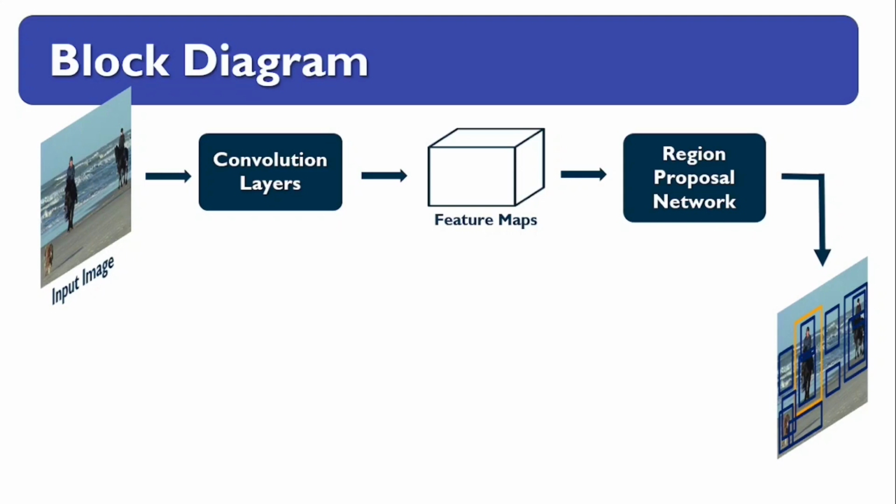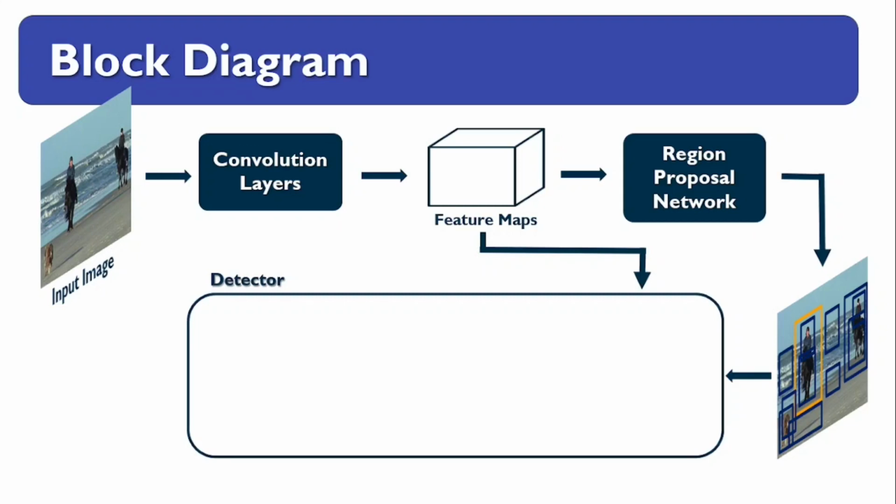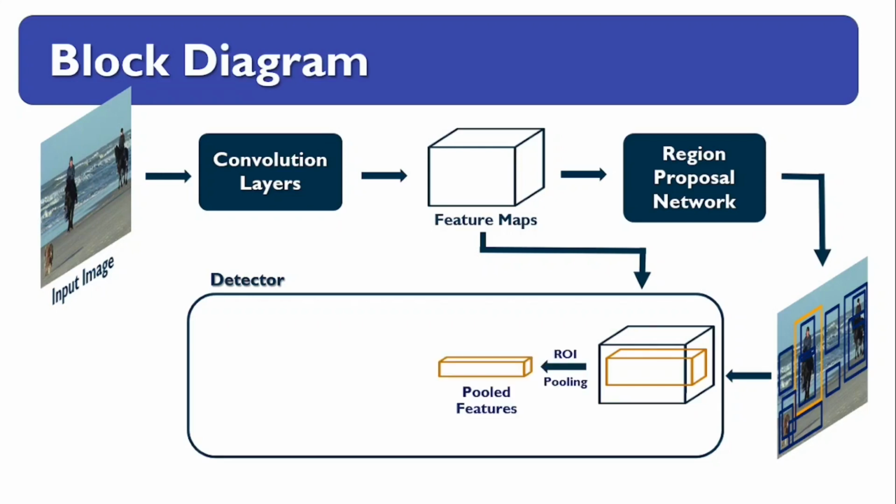We have seen that an input image is first passed through several convolution layers, which gives us feature maps, which are then used by the region proposal network, which outputs several regions of interest. These feature maps and the region proposals are then given to the detector. Inside the detector, each proposal is mapped onto the feature maps to extract features, which are then passed through the ROI pooling layer to get fixed size features.